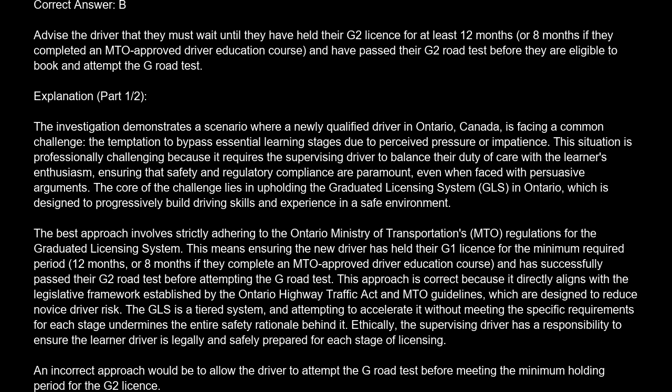This approach is correct because it directly aligns with the legislative framework established by the Ontario Highway Traffic Act and MTO guidelines, which are designed to reduce novice driver risk. The GLS is a tiered system, and attempting to accelerate it without meeting the specific requirements for each stage undermines the entire safety rationale behind it.